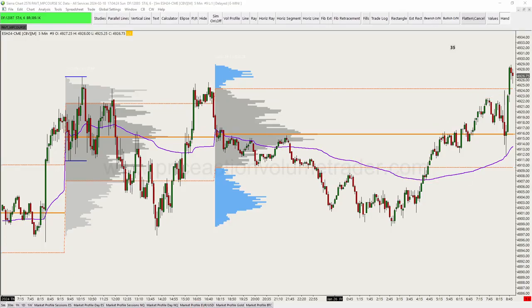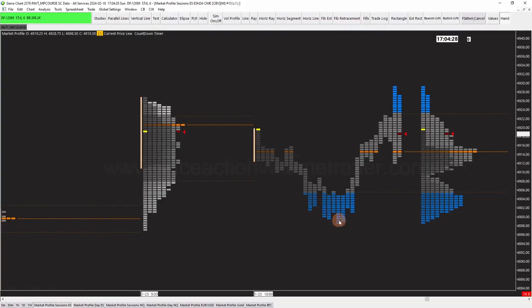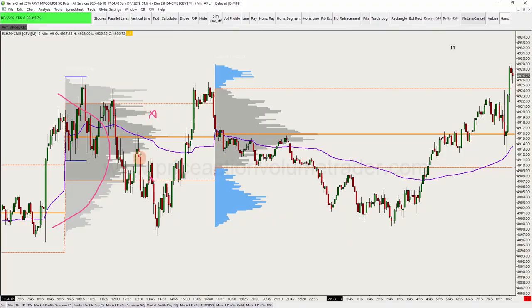So if we go into the market profile and look at this here, this was the day profile, which you can see was pretty balanced. We have our value area. Remember, this value area is measured in terms of time because we're in the market profile. And the one on the 5-minute chart that I showed you is based on volume.